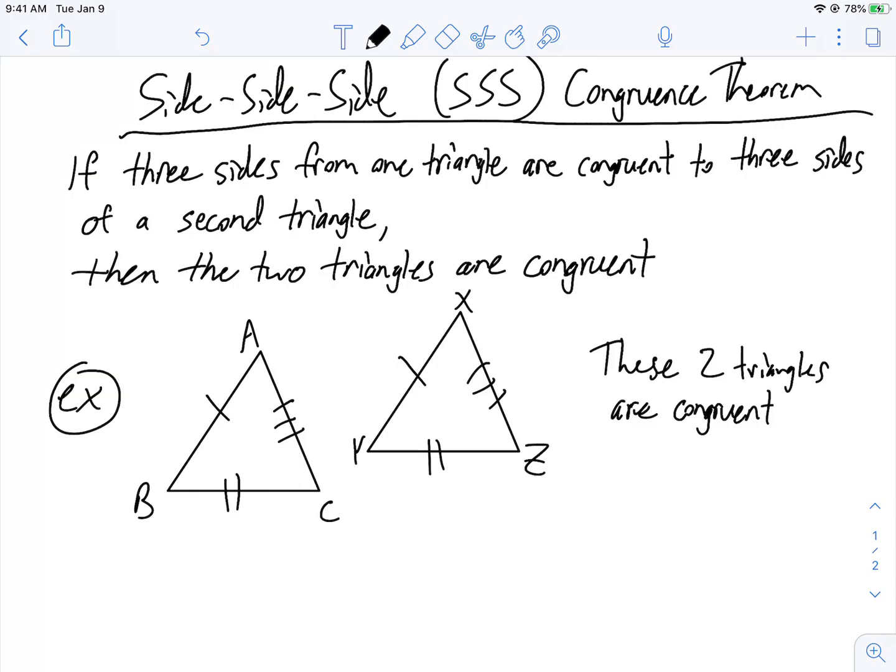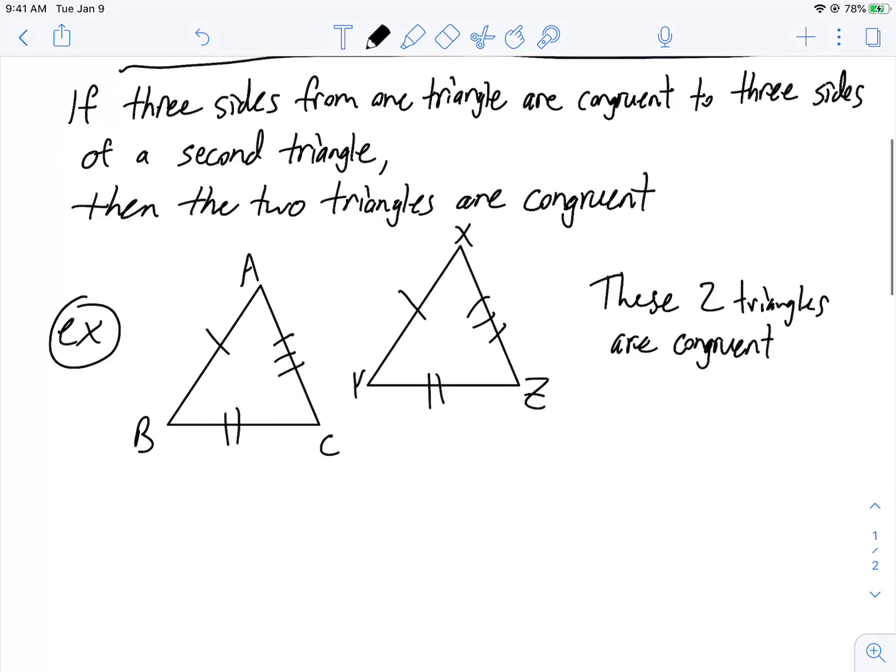We need to be able to, again, make a congruence statement. Let's start with triangle ABC. It's going to be congruent to this other triangle. We have to get this congruence statement correct. Everything has to match up. So if we look at angle A or point A, on one side it has the 1 marked side congruence.